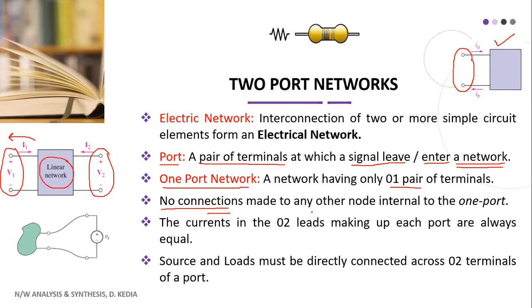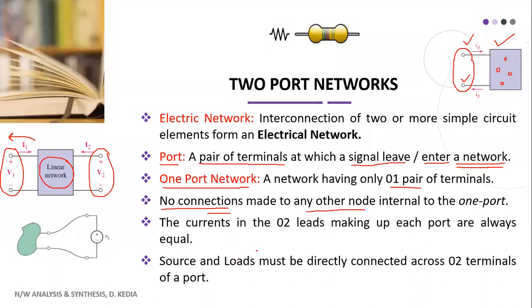At any other node we will not be able to make any connection. That's what we have to assume here. These are the only two points or terminals where we can make a connection. If there is some node in between this circuit, which is represented by this rectangle, we will not make any connection there. So these are the only two connectable points. This is your one port network.